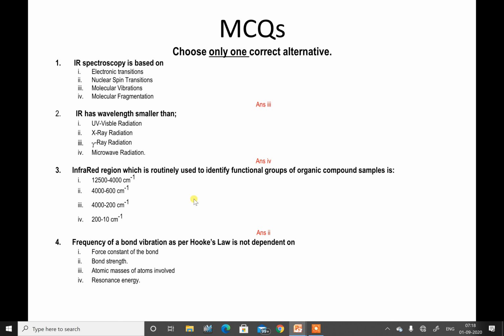Frequency of bond vibration as per Hooke's law is not dependent on force constant of the bond strength, atomic masses, resonance energy.